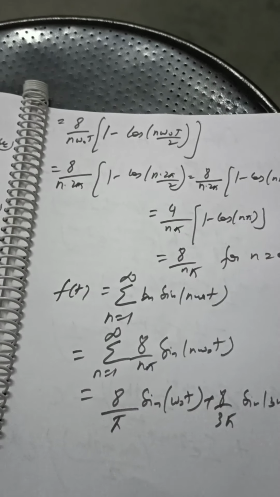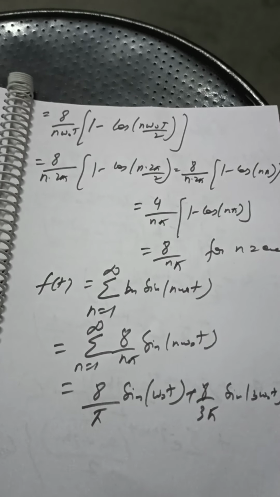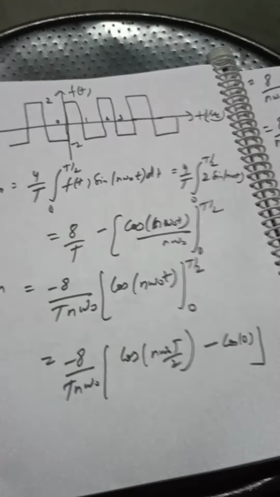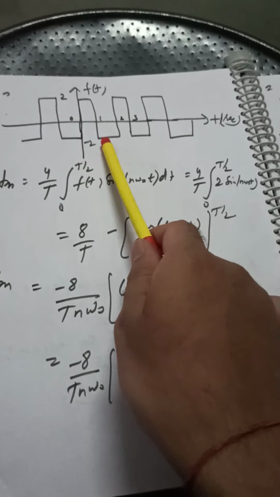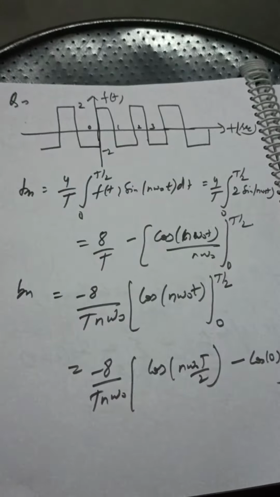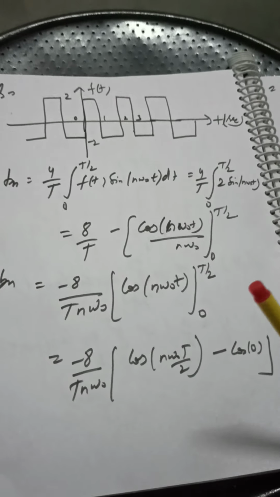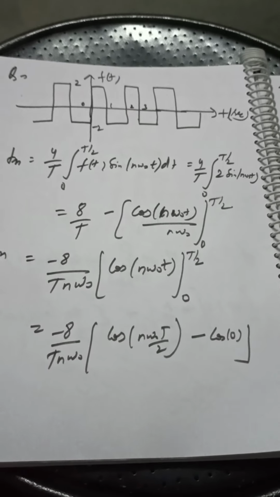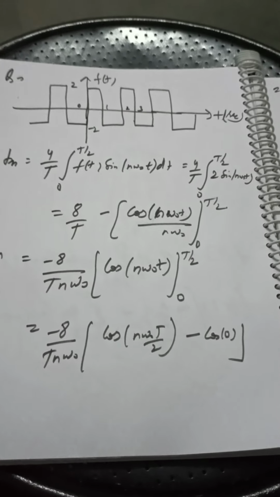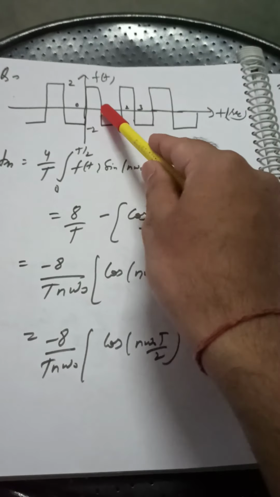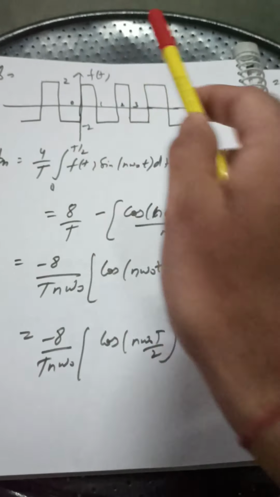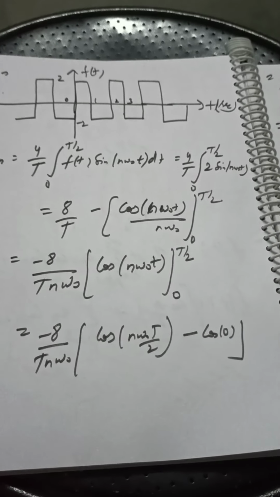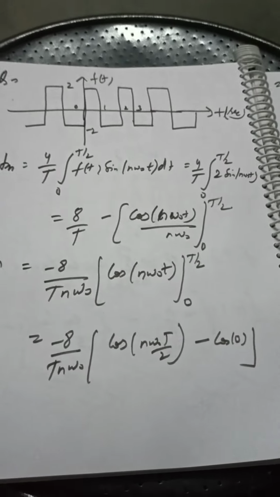Okay. And two things. First of all, I would like to go back a little bit. Have a look at this. In this signal, the average value A naught is reduced for sure. A naught is not there because it is having half wave symmetry. You can see that the average of this portion and this portion, this is the positive area, this is the negative area, so this is going to be 0. Yes, A naught is sure to be 0.